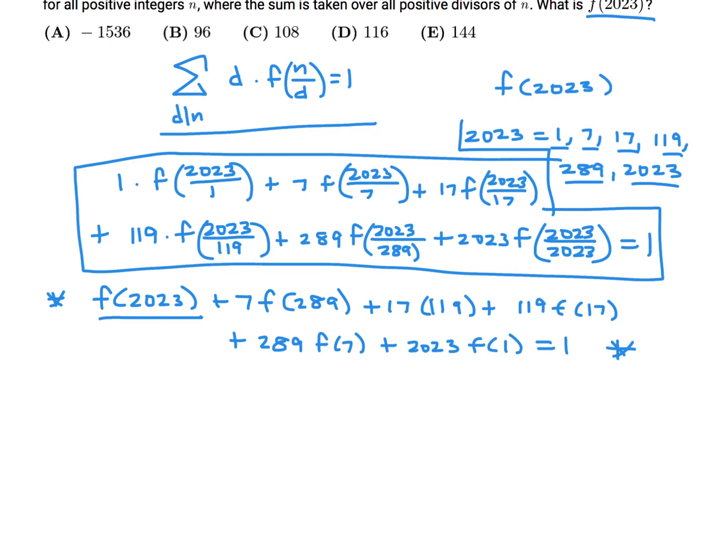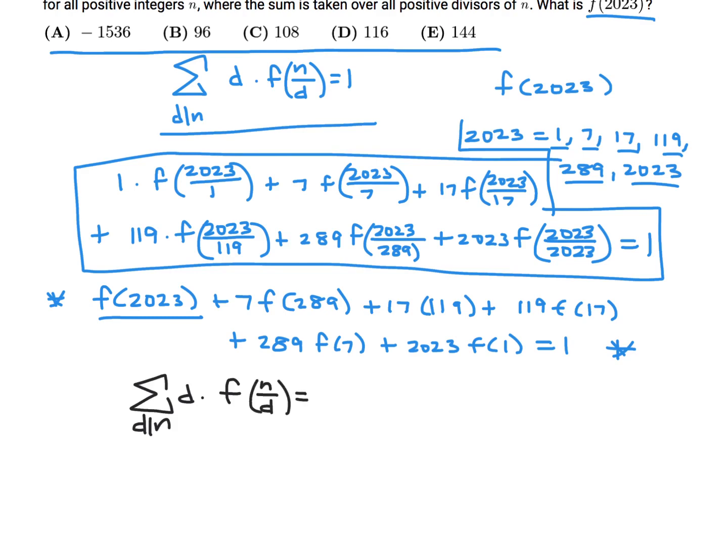What is it? The answer choices are obviously numbers. Okay, so this is where we get into the nitty-gritty of it. So use the same function, and let's see if we can come up with other equations, and then hopefully those other equations will help me solve. So let's do this for n equals 7. The divisors of 7 would be 1 and 7.